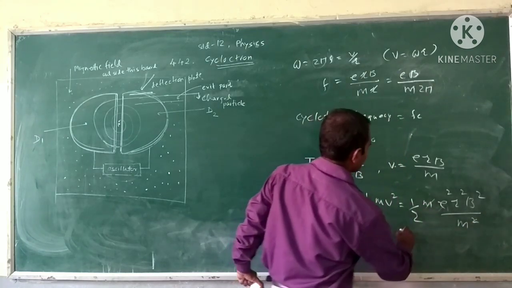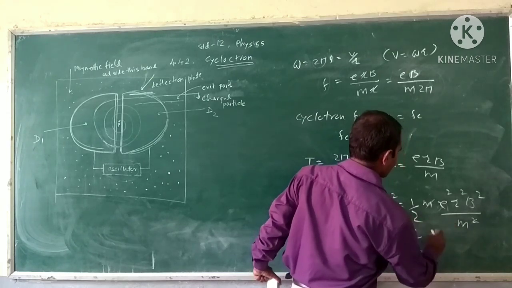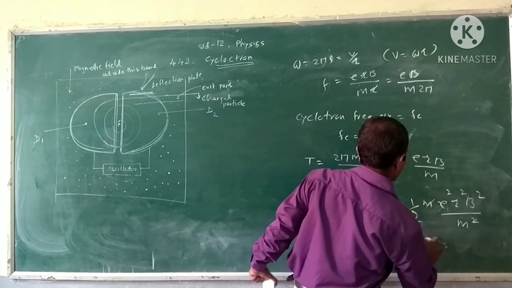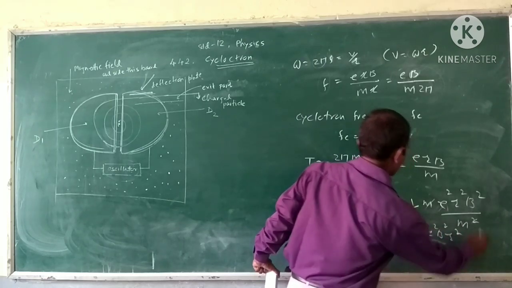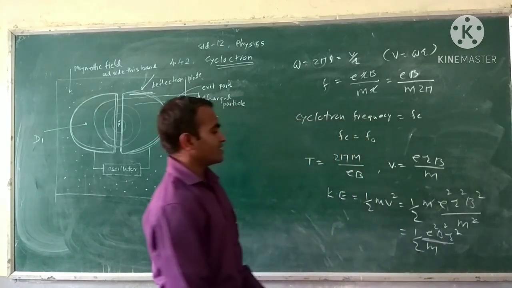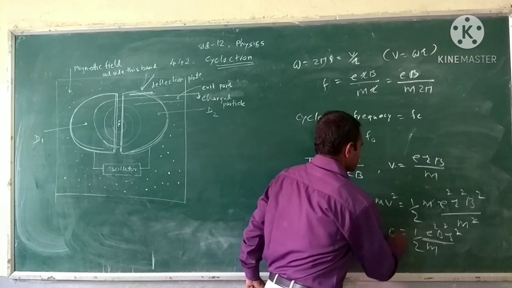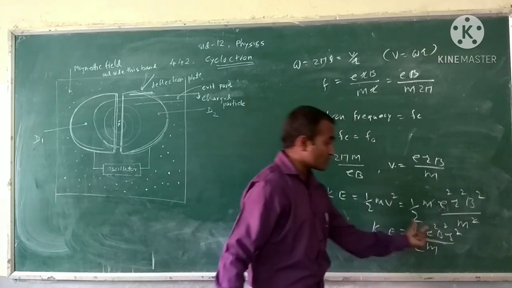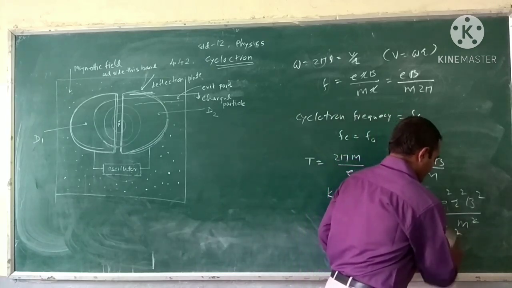So what is kinetic energy? Half E square B square R square divided by m. Here you can see kinetic energy also remains constant. No, my mistake.